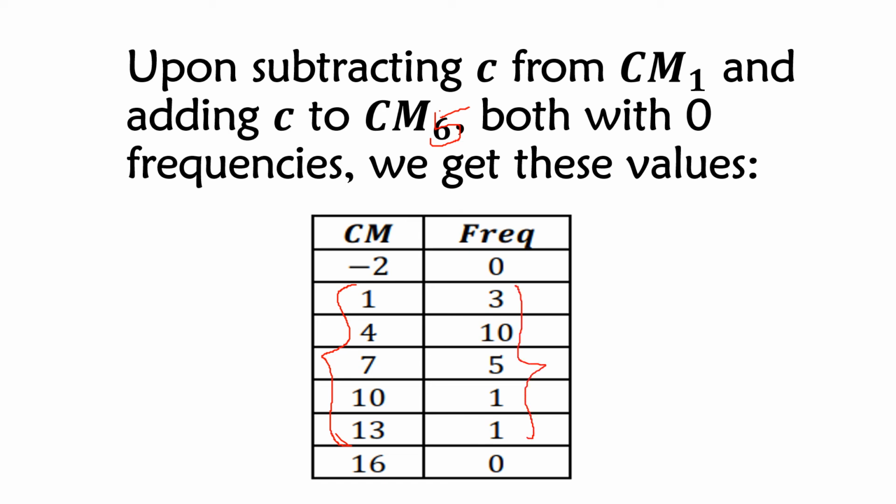So subtract C. C is equal to 3 from the first class mark. So 1 minus 3 is equal to negative 2. Then add C to the last class mark. So 13 plus 3 is equal to 16. And the frequency for this class mark is equal to 0. Same with the last class mark that we have produced. Just correct this again. This is class mark 5, not class mark 6.